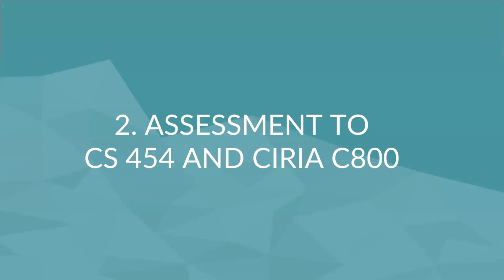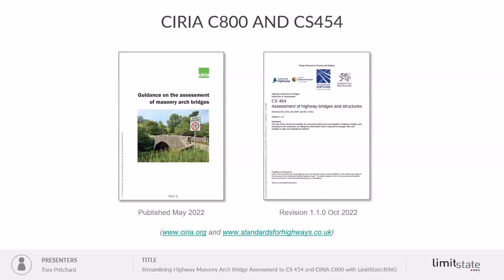So first off, assessment to CS454 and CIRIA C800. On the left here, you can see CIRIA C800, and that provides practical guidance to practitioners who are involved in the assessment of bridges that include masonry arch elements, whether they be highway or railway.